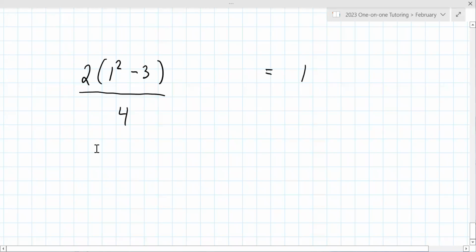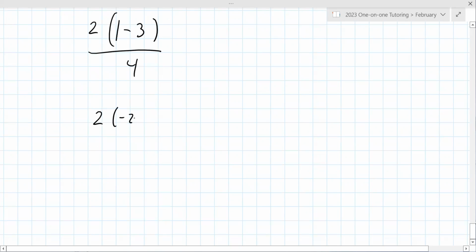Tell me what you're doing, because you're going so fast that I'm sure there's a lot going on. Tell me in words. I was subtracting 1 minus 3 because 1 squared is just 1. Okay. What is 1 minus 3? -2. And that's 2 times -2 over 4.